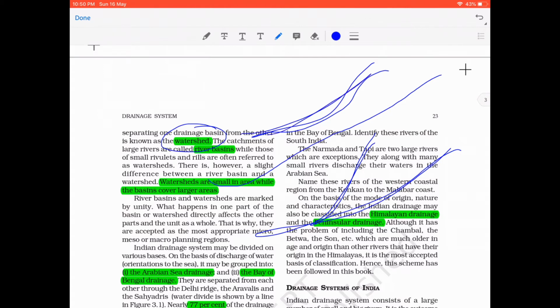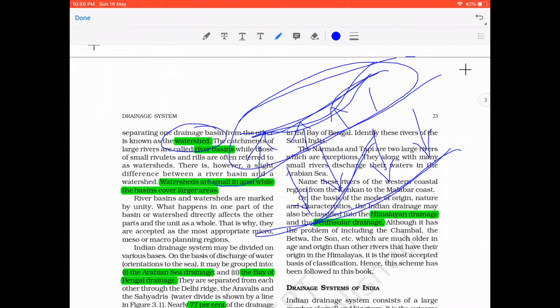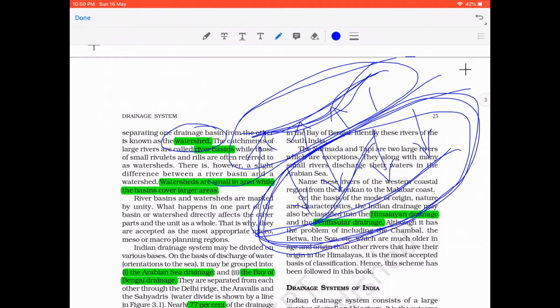This river will have a catchment area over here and this river will have a catchment area over here. So this formation, this area, we will call a watershed for this river, or otherwise a river basin also. So this area will be the watershed for these rivers, which is otherwise called the river basin for this particular river.